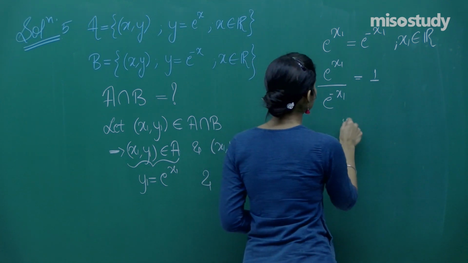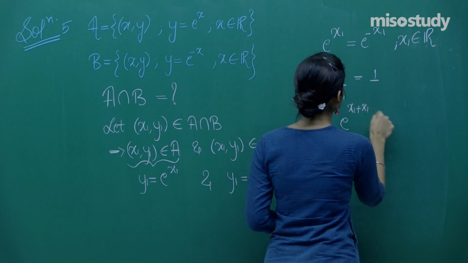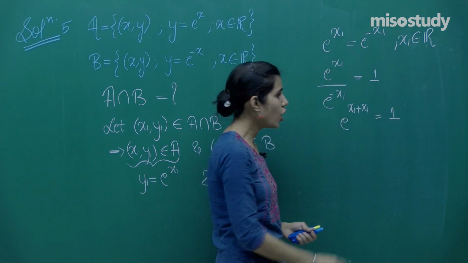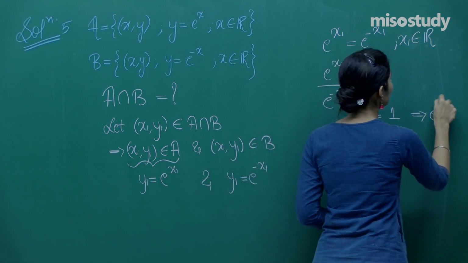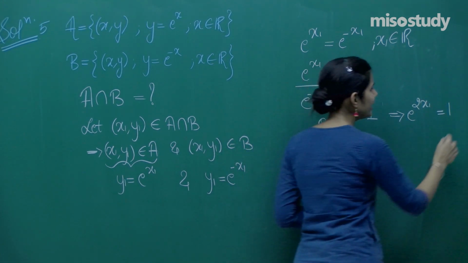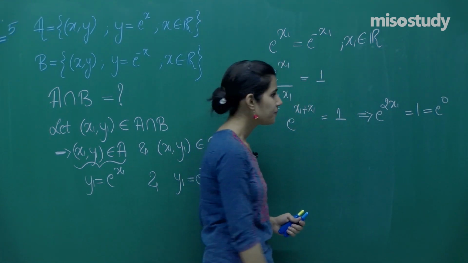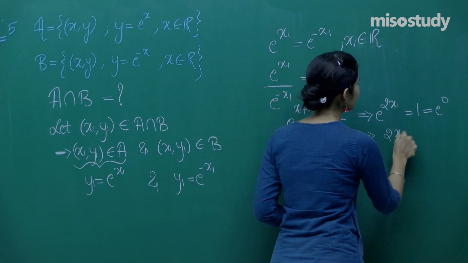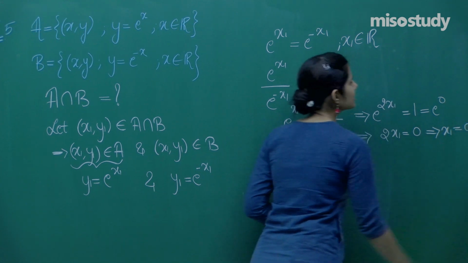Here I get e to the power x1 plus x1 is 1. I have just used the exponent laws and brought the denominator above. This gives me e to the power twice x1 is 1. And I know exponential raised to 0 is what gives me 1. This means if I compare both the sides, twice of x1 is 0, which implies x1 is 0.